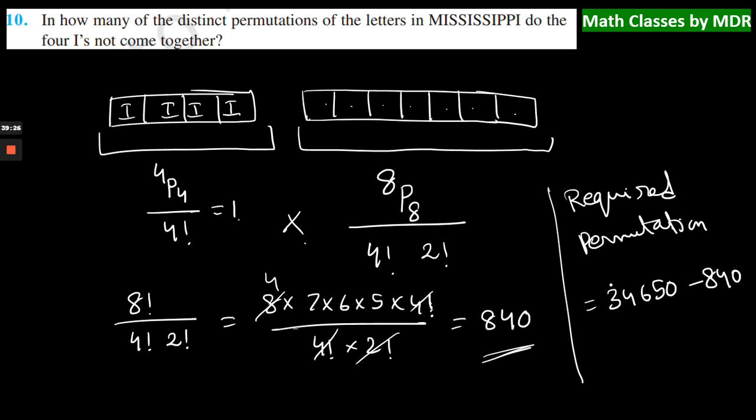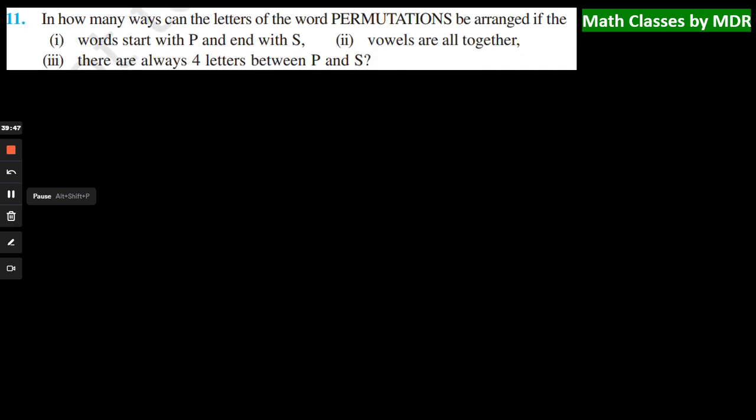In these words, you will not see the words where all the i's are together. Okay, so on subtracting this, you will get 33,810. Okay, that is the answer. That's it. Now let's see the 11th question.